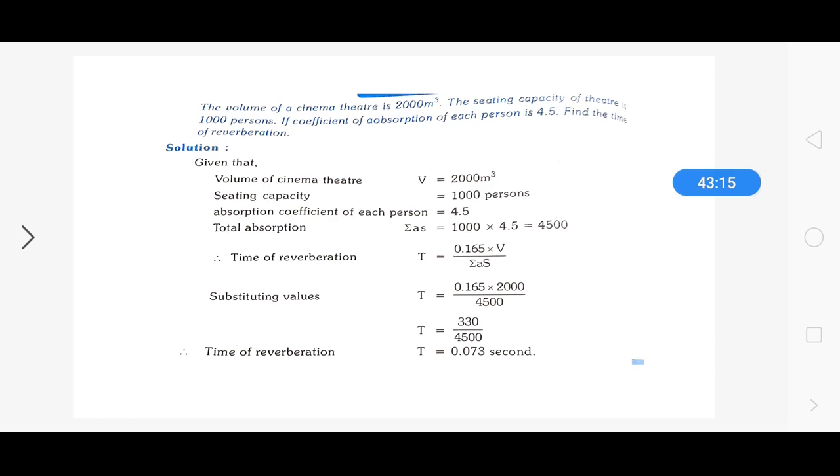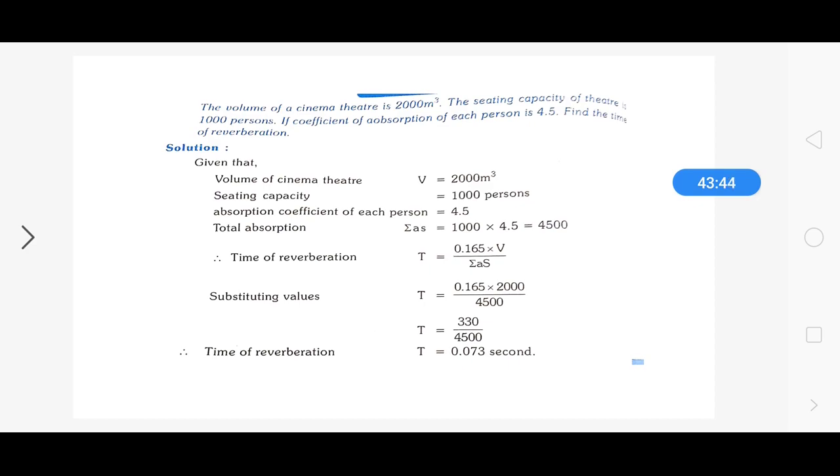The seating capacity is 1000, means 1000 chairs will be present in the hall, and the 1000 chair seats act like 1000 reflecting surfaces. So 1000 into 4.5, that is 4500 is the total absorption in the hall.